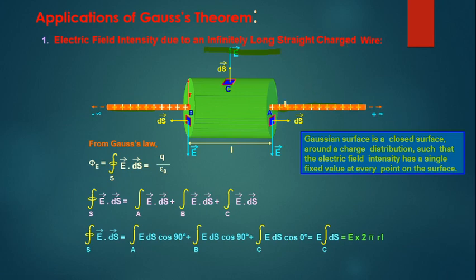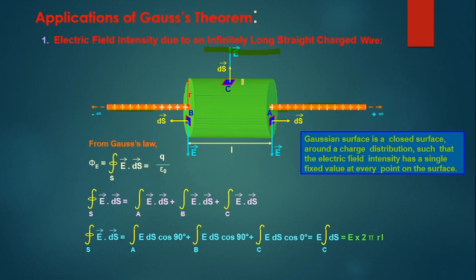We have to calculate the electric field intensity due to the infinitely long charged wire. How much electric field intensity will this long charged wire produce? So consider this long wire having a uniform charge density, and we have to calculate the electric field intensity due to it.